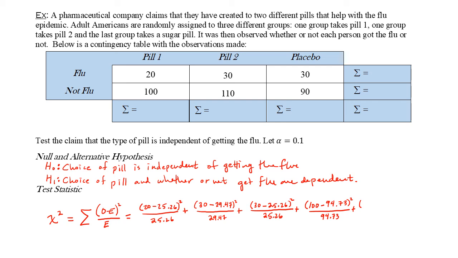For the next entry, we had 110 observed, and our expected value was 110.52.